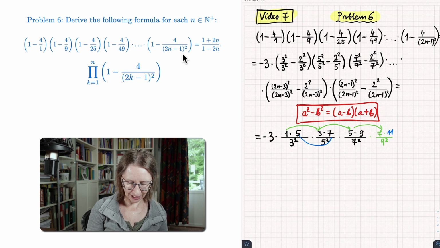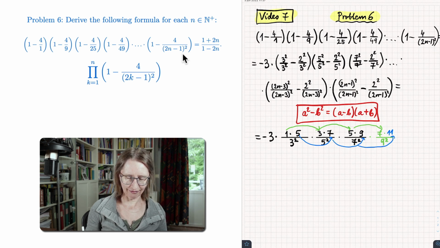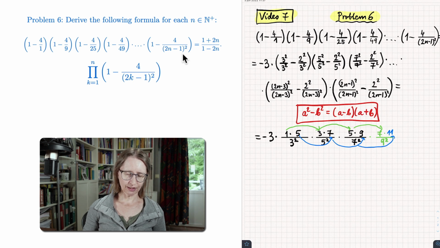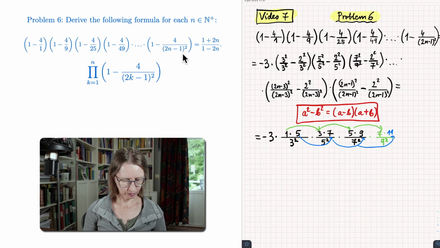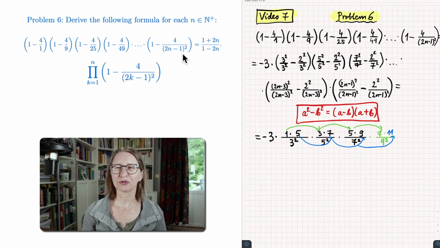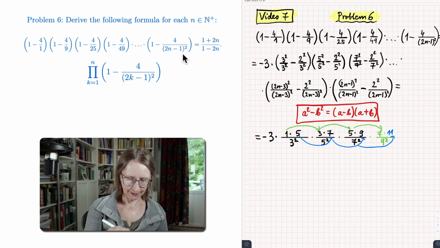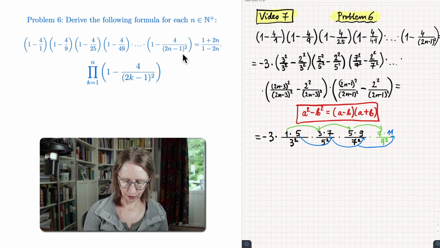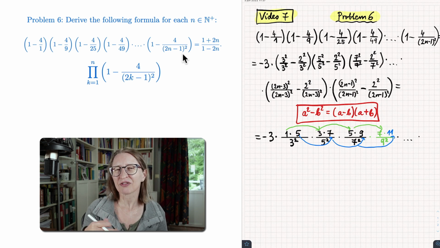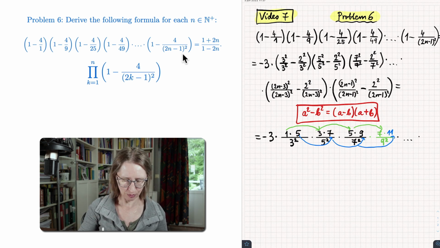We have 5, 7, 9, 11. So you see that we have odd numbers as factors, and they are just arranged in different ways. So here I will write 3 dots, just symbolizing that it continues in the same way.